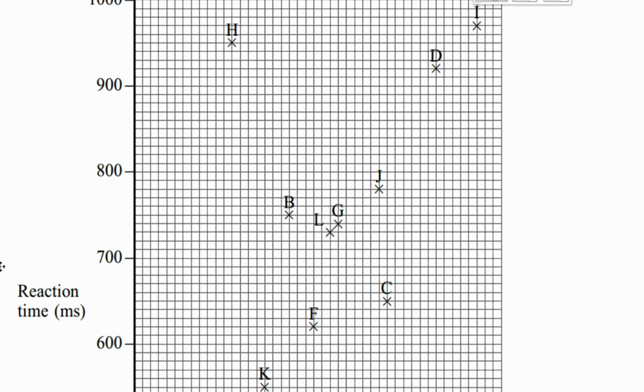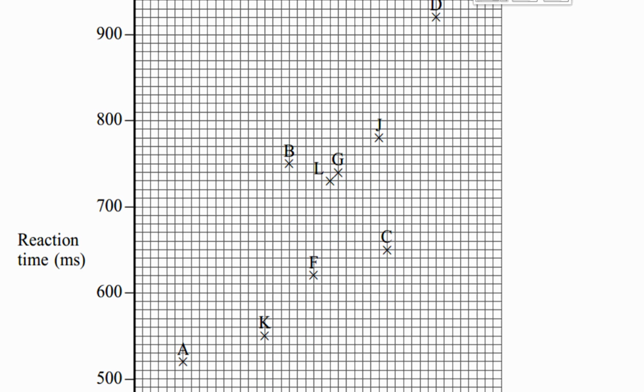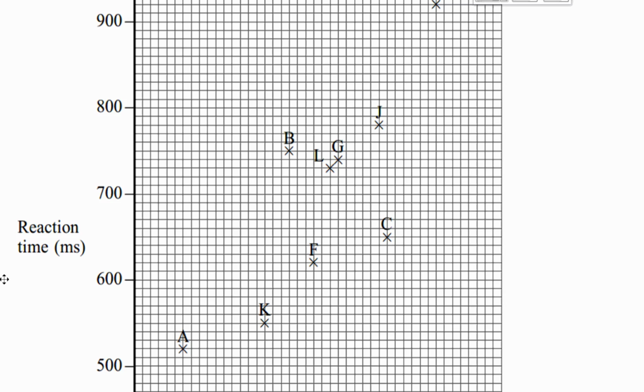The best way to start is by putting our intercept point on the left hand side. What do we have as a formula? Let's write that out here so that we can use it all the way through. It was y equals 3.25x plus 501.